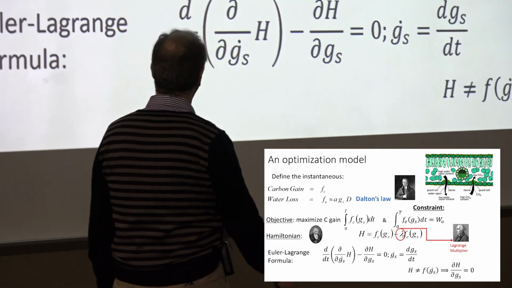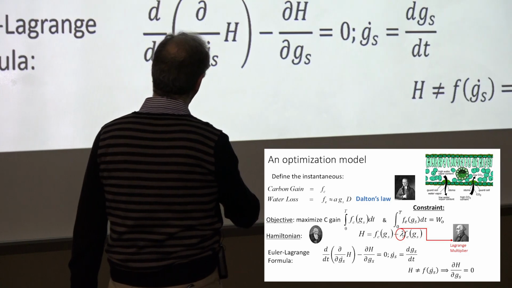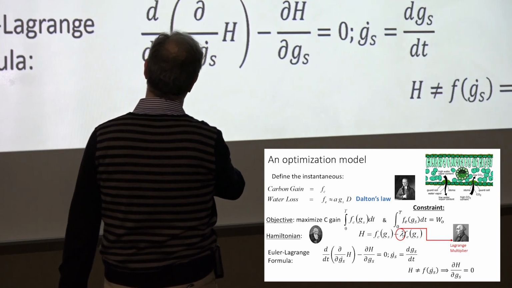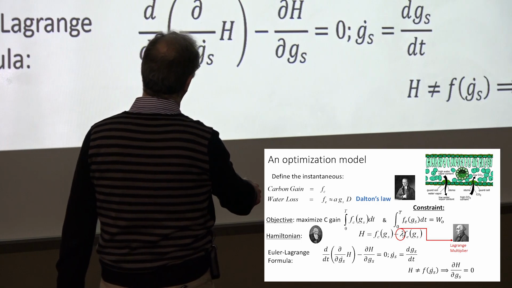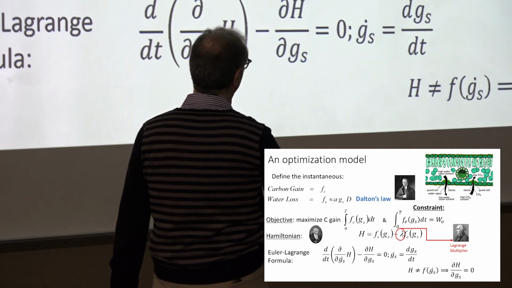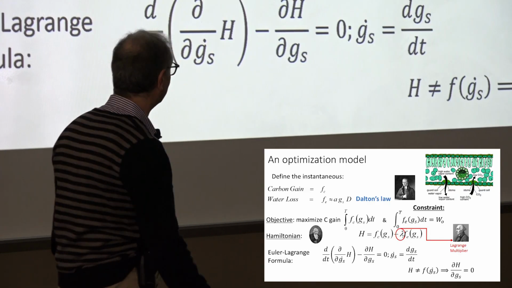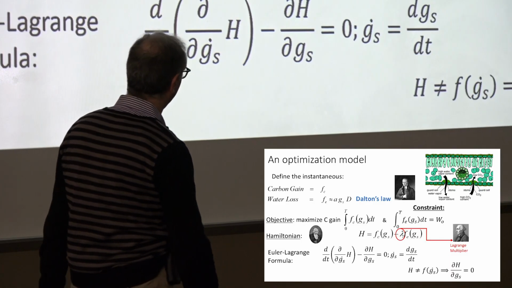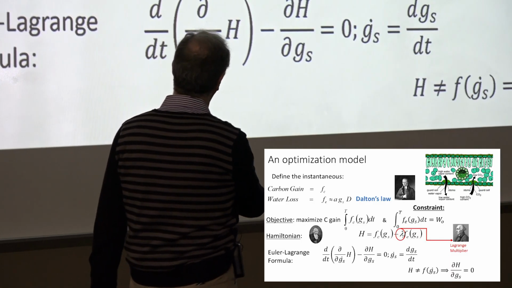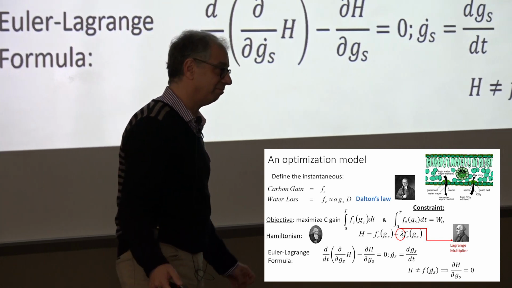So the optimization problem would have this objective: to maximize the carbon gain, which is the photosynthesis, integrated over a time period from 0 to t, subject to a constraint that there is enough water to be able to run this optimization. So that's a constrained optimization. And thanks to the work of Hamilton and Lagrange and Euler, we can convert this constrained optimization to an unconstrained optimization.